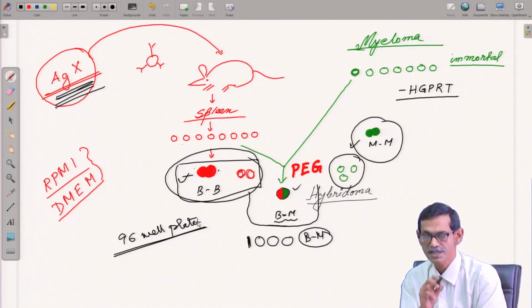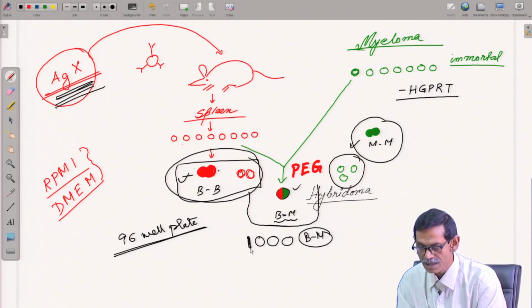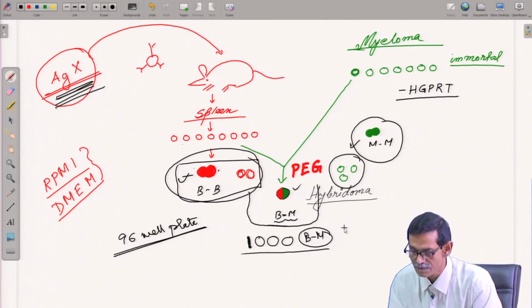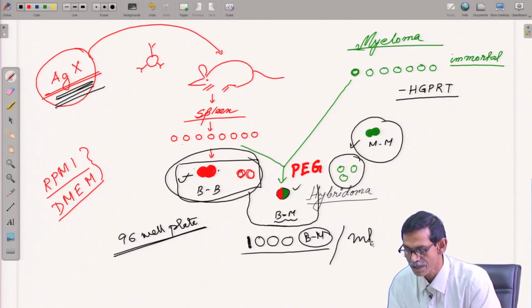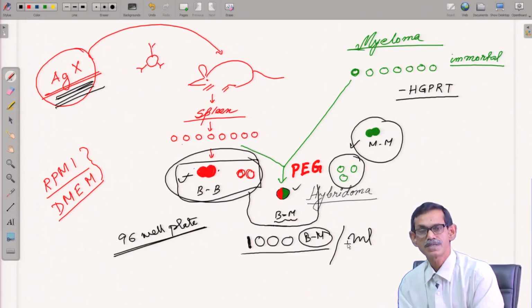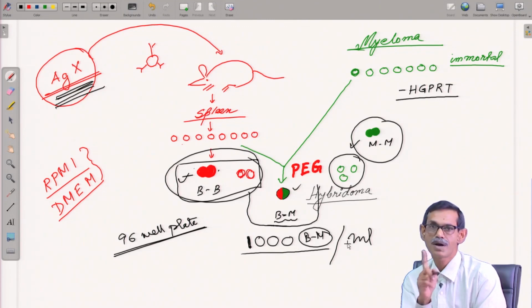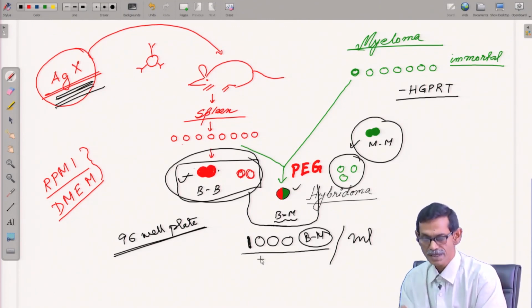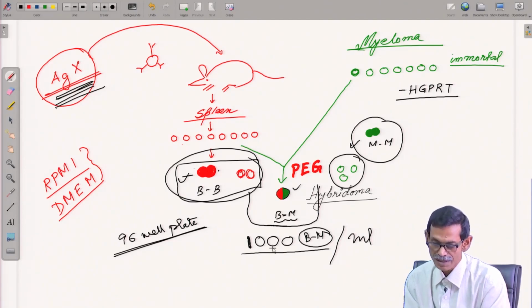If we have 1000 cells, what should be the dilution? You have to dilute it 1000 times. So, 1000 cells per ml, for example. We have to dilute in such a way so that there is one cell per well. So, we have to dilute 1000 times, right. And that dilution we grow in individual wells.